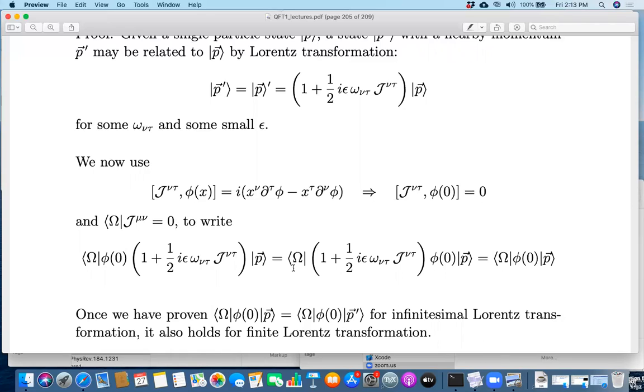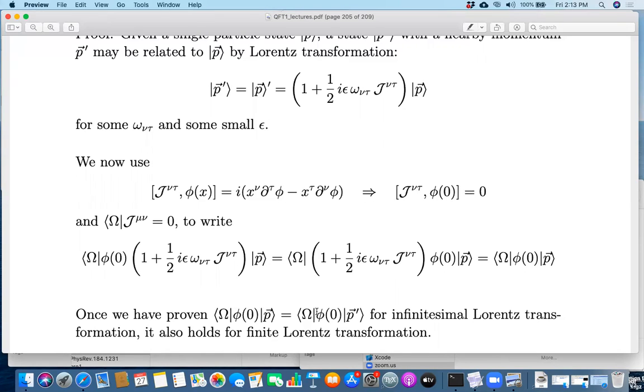And then I use the fact that <Omega|J^{mu nu} is 0, to simply set this term to 0. So you are left with <Omega|phi(0)|p>, and that's what you wanted to prove. So <Omega|phi(0)|p'> is the same as <Omega|phi(0)|p>. This we have proved for infinitesimal Lorentz transformation.